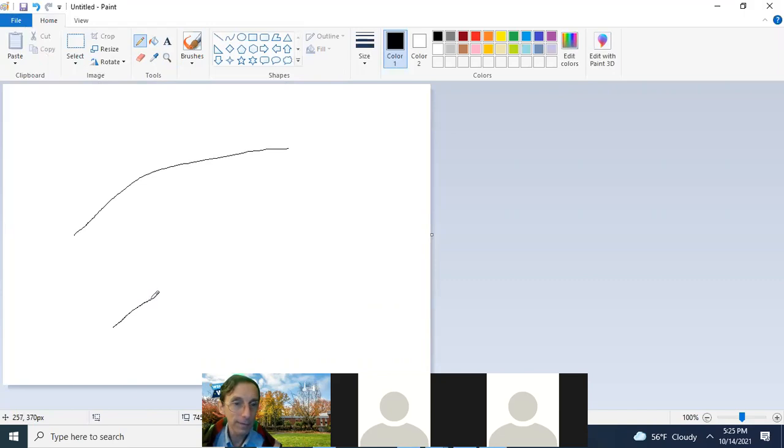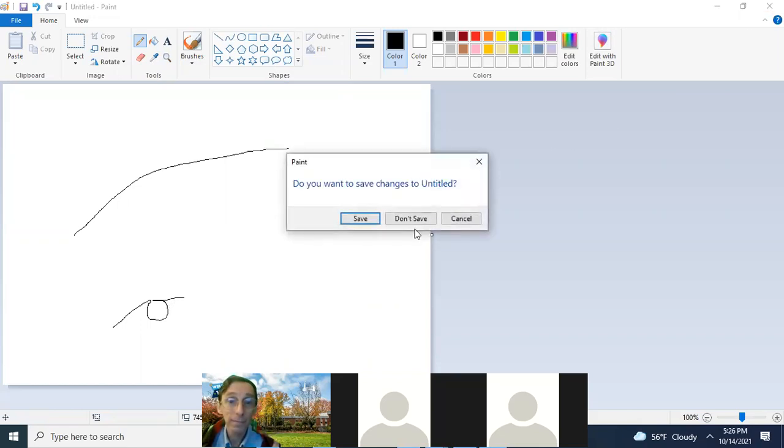Let's see if I can do this well. And then it folds. Yeah, that's pretty good. You get the idea? And there's the cell membrane. So that's what makes the chromatophore. Any questions about that?